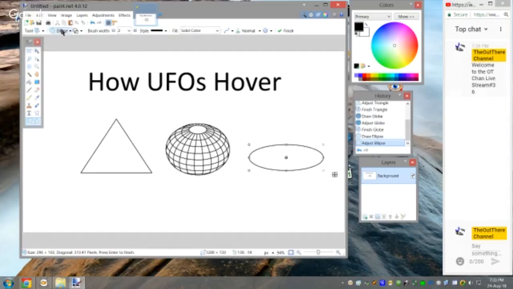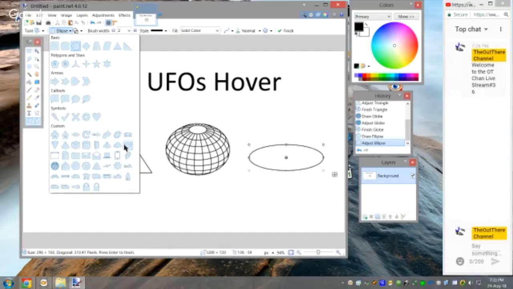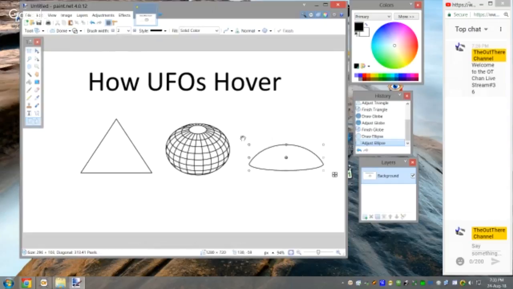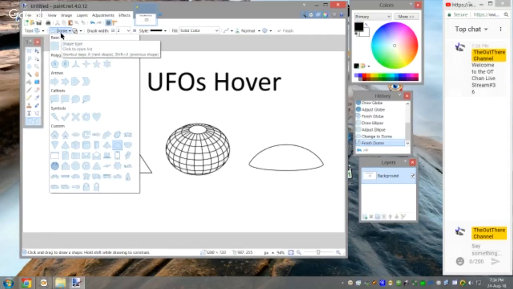I've got to click off that first as it changes it. I suppose we could go with that one actually. I want to put extra dome on top. That will work.